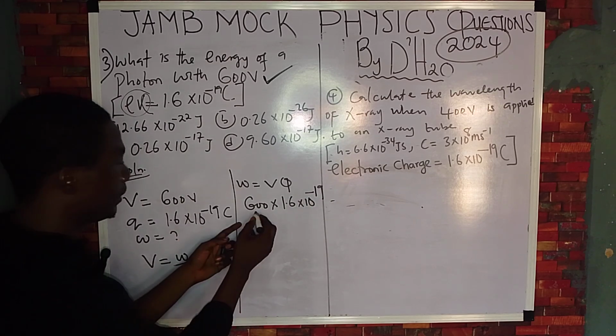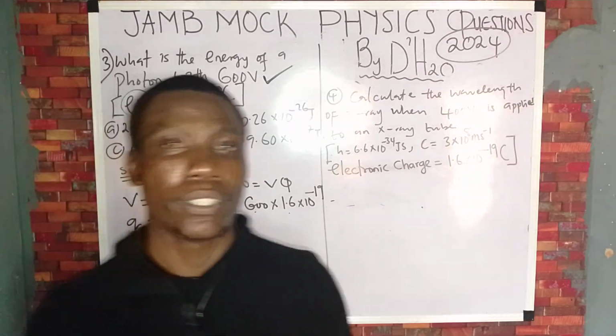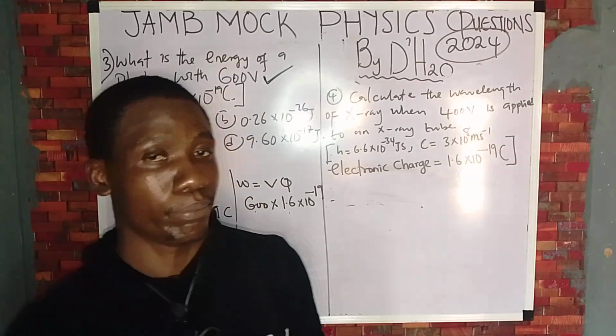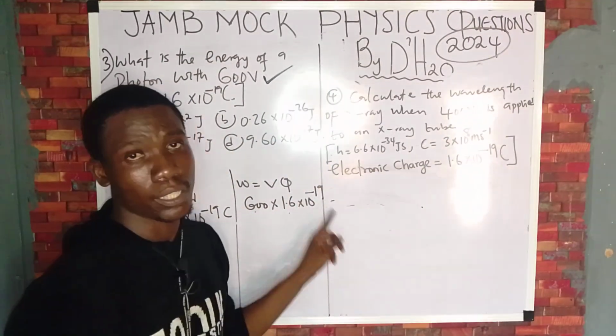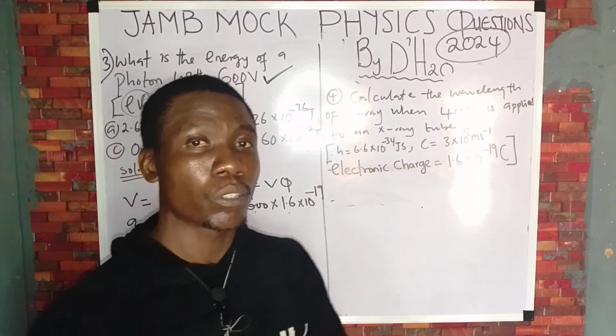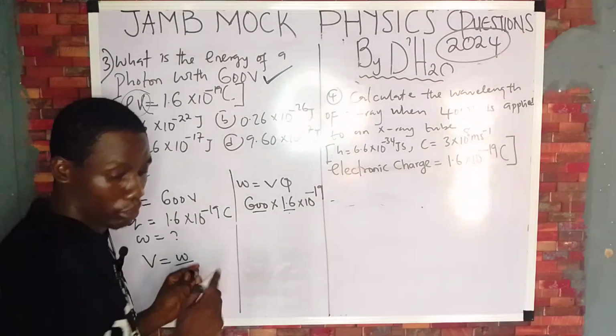So we have to multiply this by this. Let's quickly use our calculator. Remember, if you had written this exam, there's no way you can press exponential values. So you cannot press 10 raised to the power of minus 19 because of the kind of calculator that was given to you. So what do you do? Multiply your 600 with 1.6 first. Do that first.